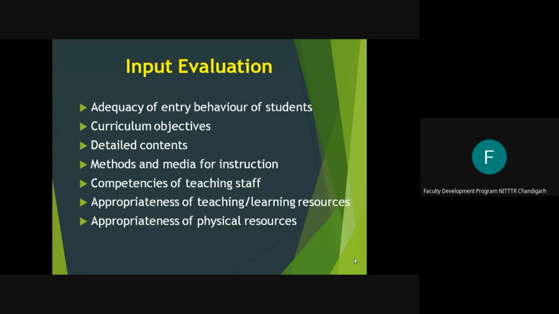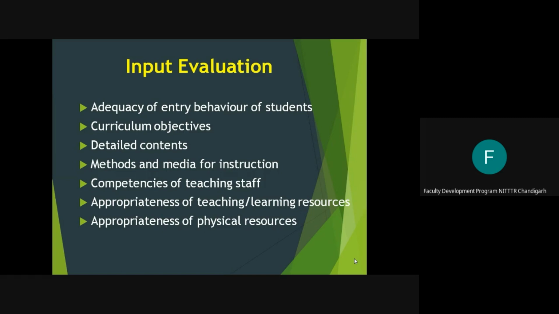So I am checking whether my inputs are appropriate or not, all types of inputs that are there in your system. Whether they are adequate, whether they are appropriate. For example, if I talk about the student, your input is 10 plus 2 students or 10 plus students at diploma level. So what is their entry behavior?